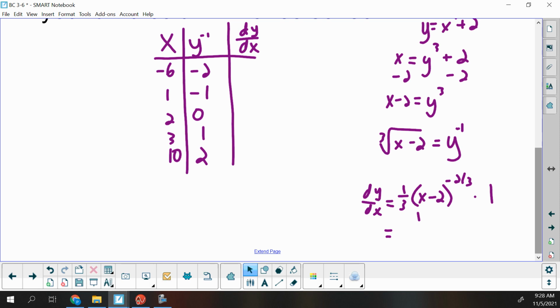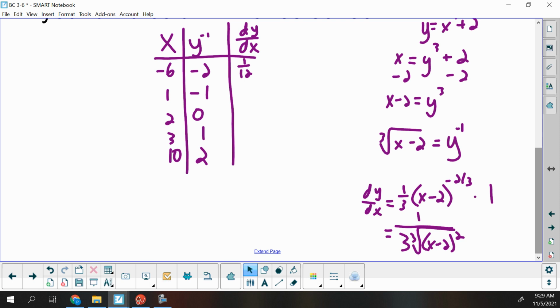So this is really 1 over 3 cubed root of x minus 2 squared. So if we sub in our values of x, -6 minus 2 is -8. Negative 8 squared is 64. Cubed root of 64 is 4. 4 times 3 is 12. So we get 1/12 for this first derivative.